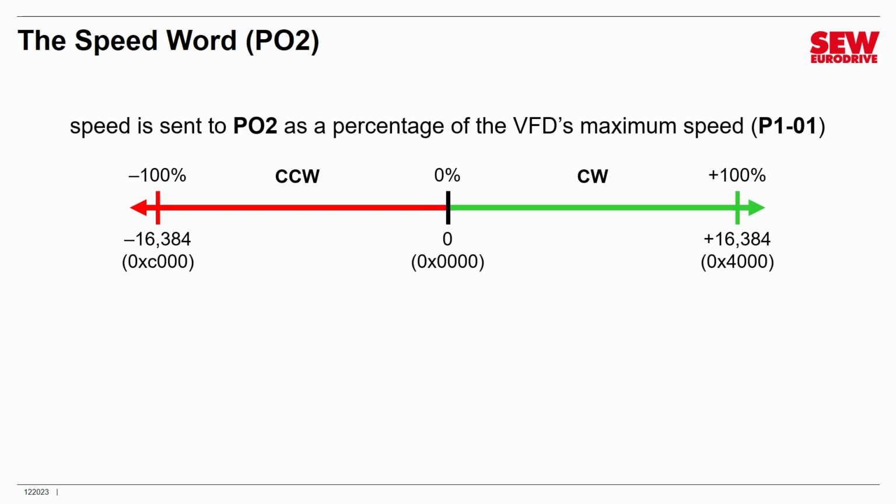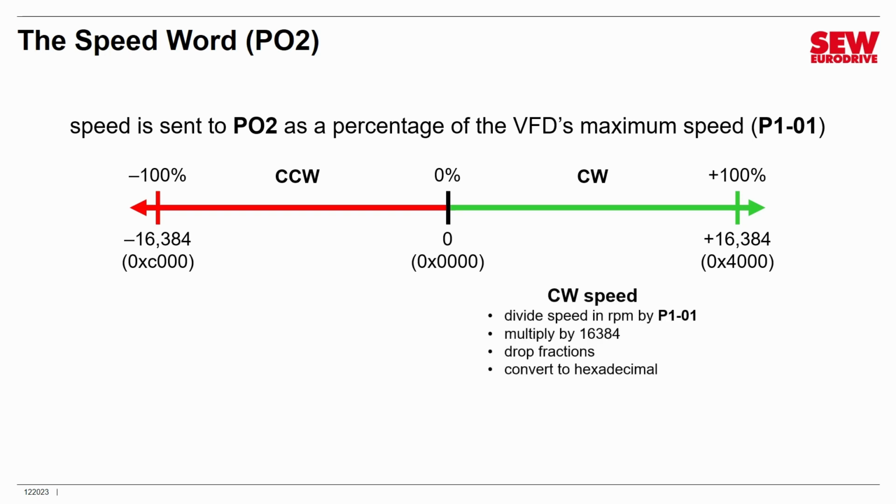In hexadecimal, that is 4000 or C000. So we need to convert our percentage into the range of 0 to 16,384. You're probably getting a little bewildered right now. You're saying, how do I do this? I'll demonstrate. Just hang on.